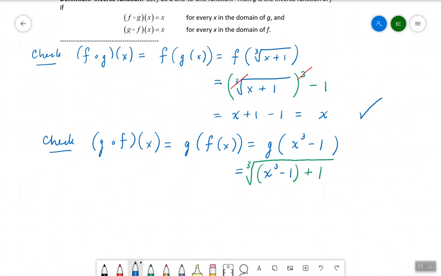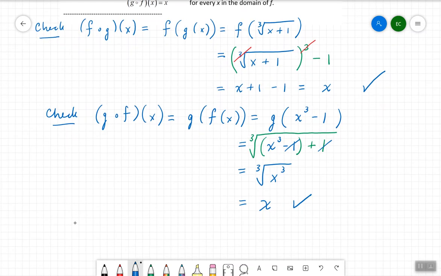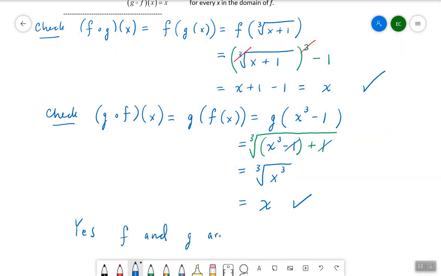And so this time the minus 1 and the plus 1 cancel, and we're left with the cube root of x cubed, and those cancel, and we're left with x. And so the conclusion is yes, f and g are inverses. And we're done.